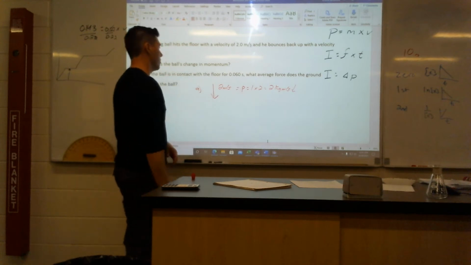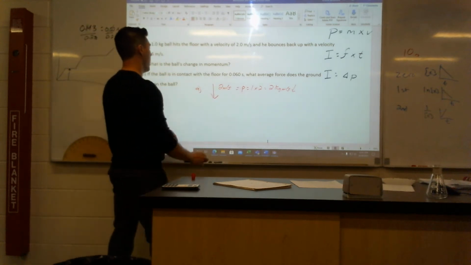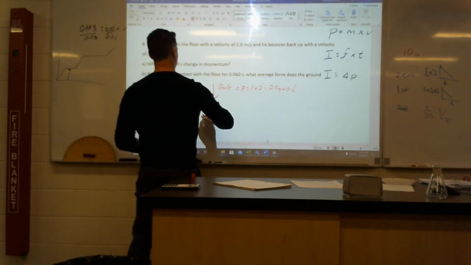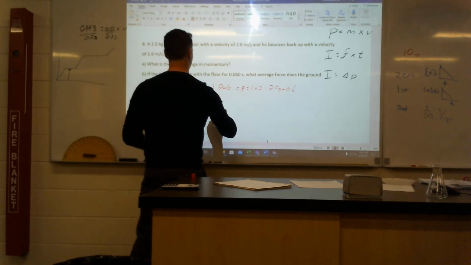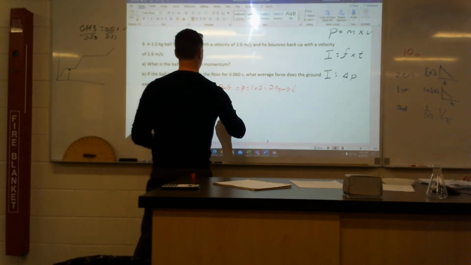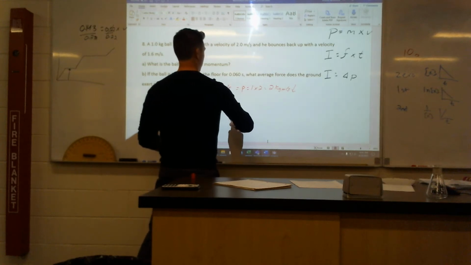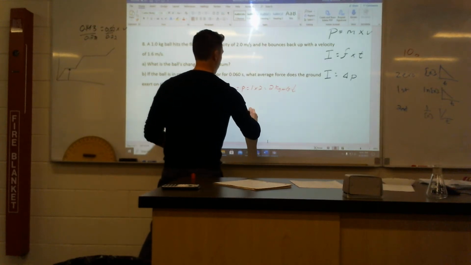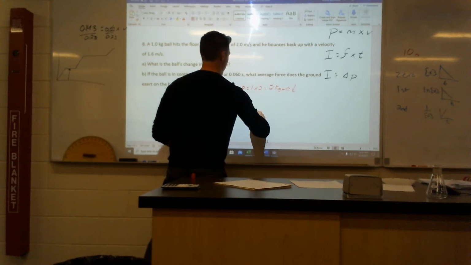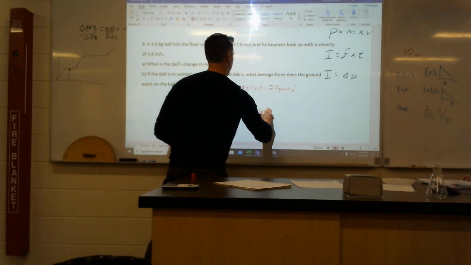When it hits the ground and comes back up, it has a velocity of 1.6, which means its momentum is 1 times 1.6, so 1.6 meters per second, but that is going up.